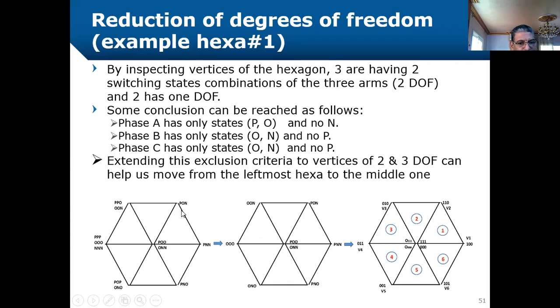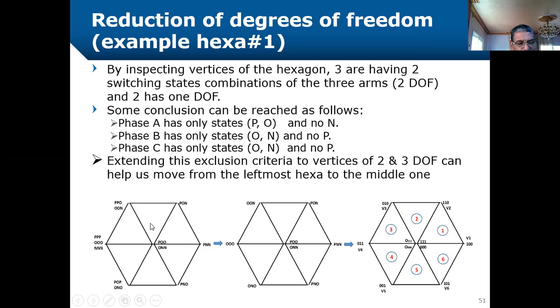Look at phase B. Phase B has either O or N, N, N. So phase B has no B, no P. Look at phase C. It is N or O, N, O. So phase C has no B. This information is written here.